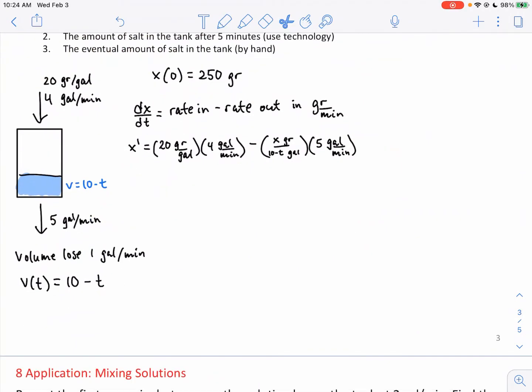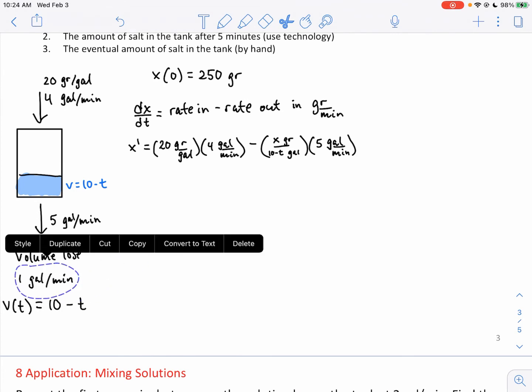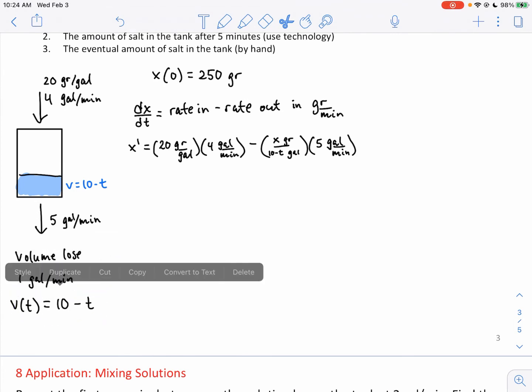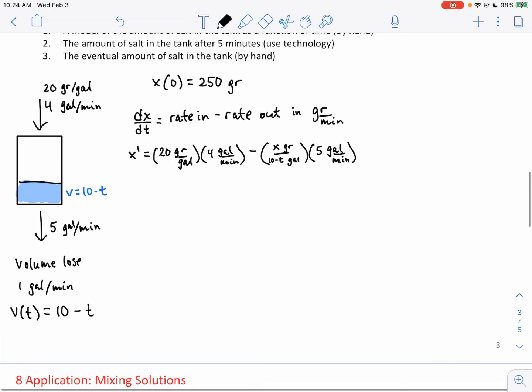Okay, so this becomes our differential equation. Let me move some of these things around just to make sure I have space. Without all these units here, it would look like x prime is equal to 80 grams per minute minus 5x over 10 minus t grams per minute.